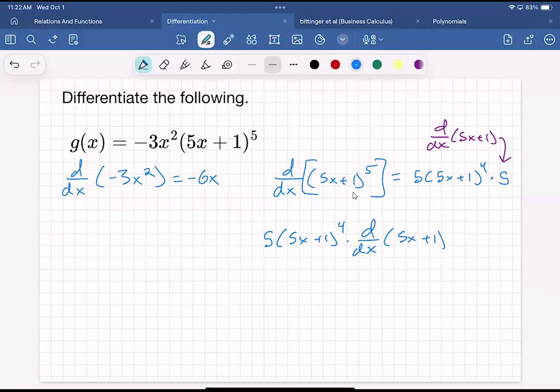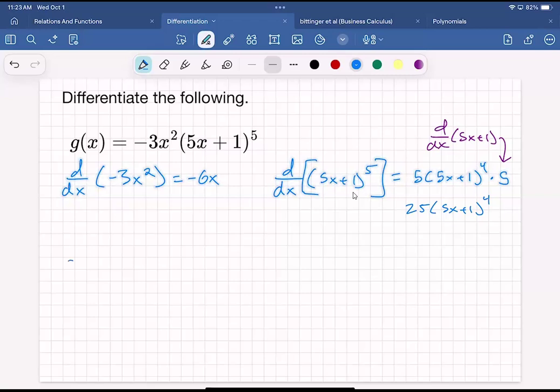Now writing that in a simplified form, that gives us what, 25 times 5x plus 1 to the 4th as an exponent? Any questions where we're getting this from before we go to the next step? Now, what's the difference that we have to be careful of here? Remember, with the quotient rule we subtracted, but with the product rule, we add them.